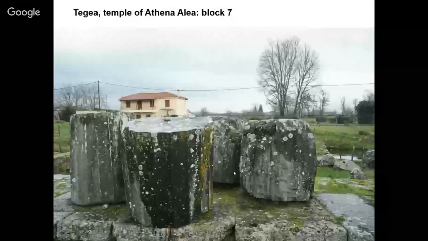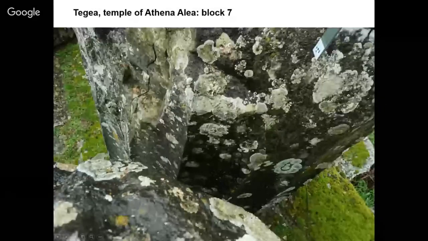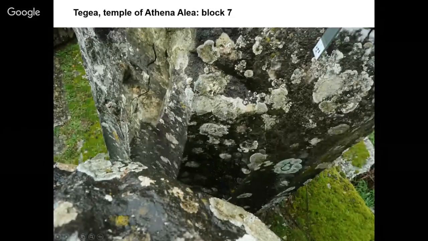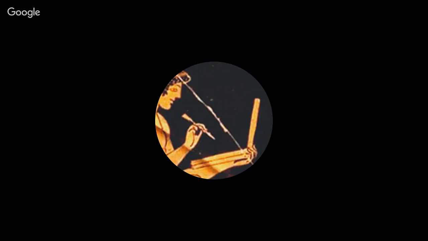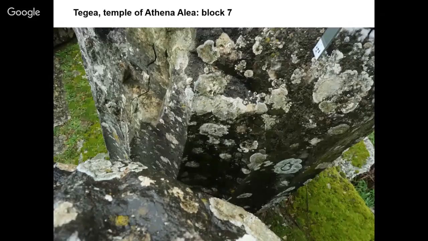Just to show that it can be done, there's one of the drum repairs here. See the repair on the block. There are probably two possibilities: either it broke when the block was already at the site and being carved, but it's also possible that they were actually testing the block, to see how deep the crack goes, whether it is possible to use the drum.